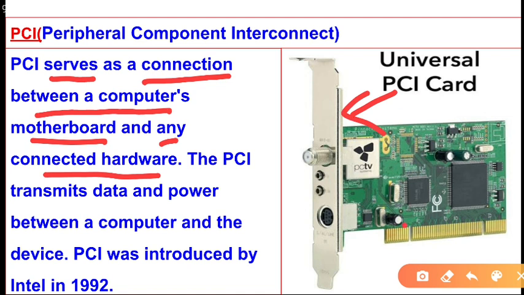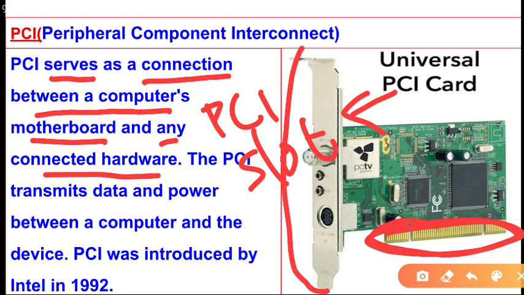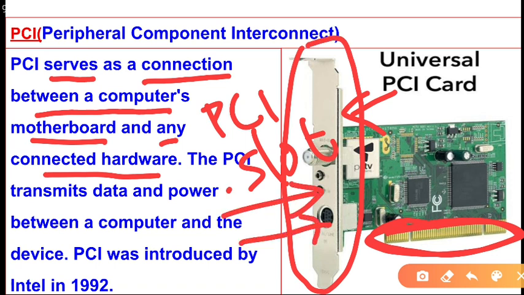This is the part from which it is connected to the motherboard, to a place which is called the PCI slot, which is present on the motherboard. This is the part which goes inside the motherboard, and this is the part which we can see outside our CPU cabinet. And these are the ports. There are many different types of ports that can be available on different types of PCI cards.